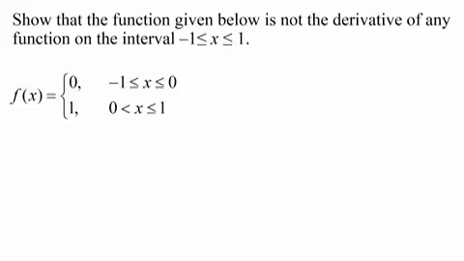So in the interval from -1 to 0, including -1 and including 0, choose some value for a. In the other interval from 0 to 1, including 1, choose some b value.